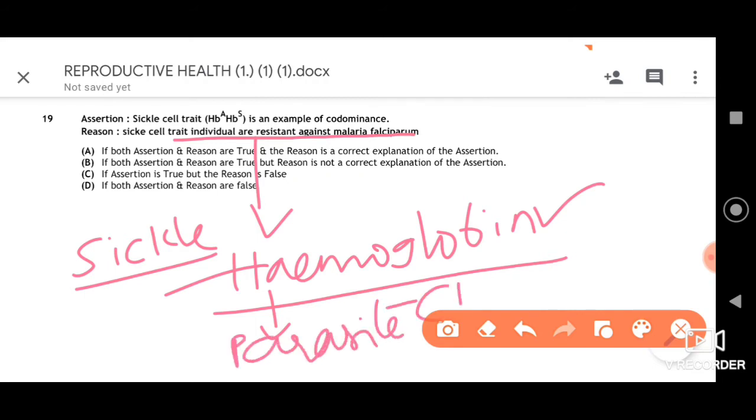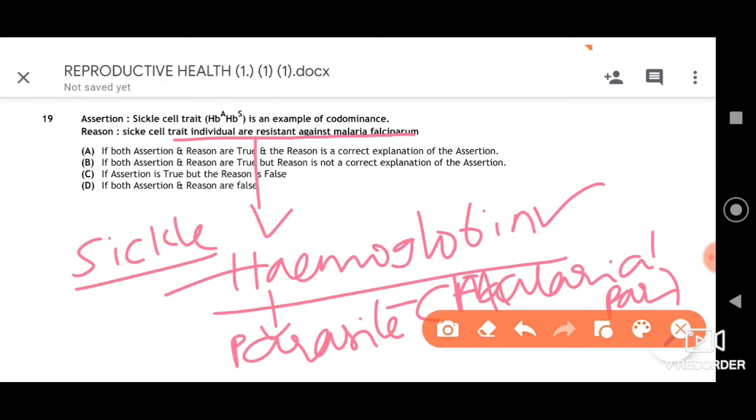Which parasite are we talking about here? The malarial parasite, my dear friends. Now here, the research says that the hemoglobin will reduce the number of parasites, so conferring some protection against malaria, but not completely. Anyway, here we can say the reason is correct, but it is not the correct explanation for the assertion.